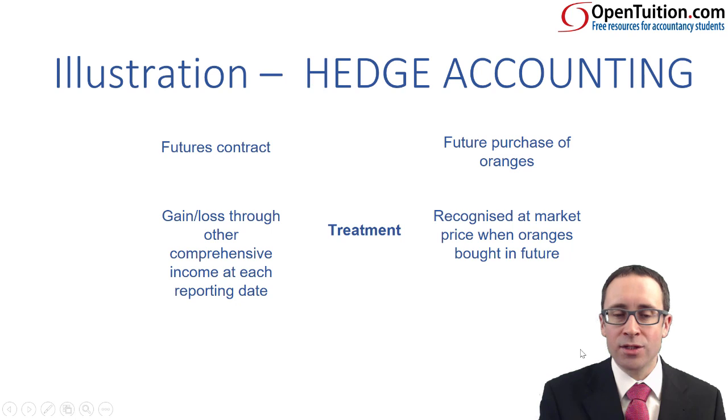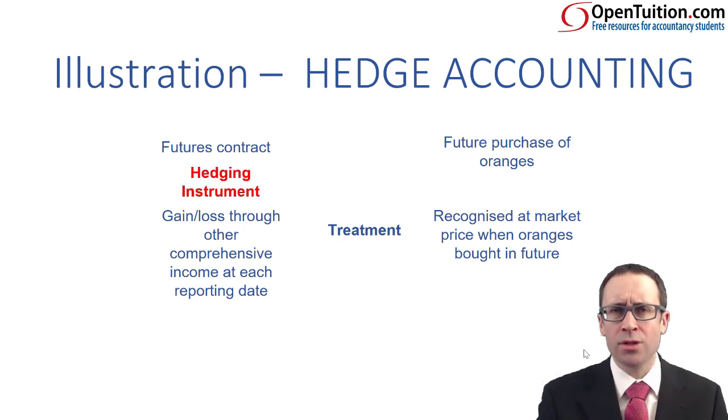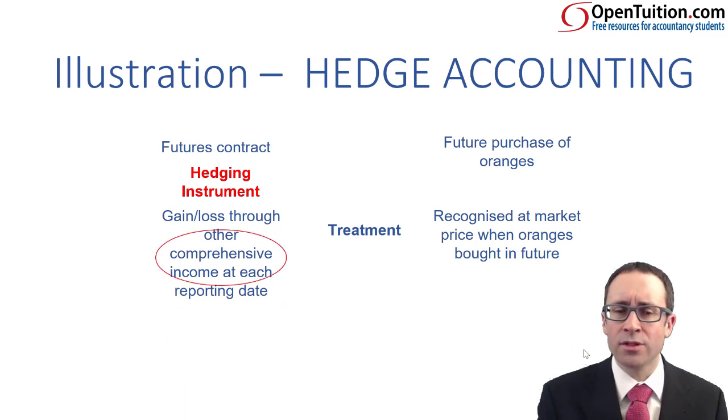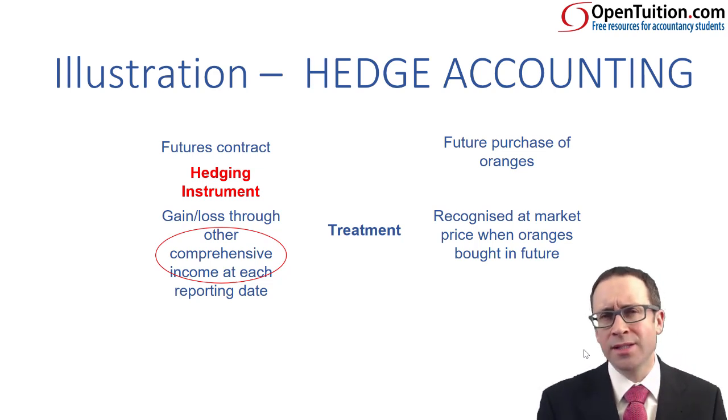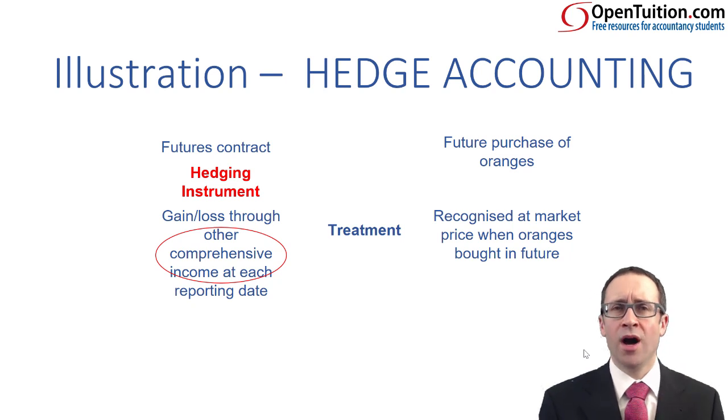However, the key issue that we've got now is that for this hedging instrument, the futures contract, the treatment is ever so slightly different because any gains or losses go through other comprehensive income. So we've placed a bet on a price rise. If the price goes up, our bet is correct, it is winning, and we have a gain.